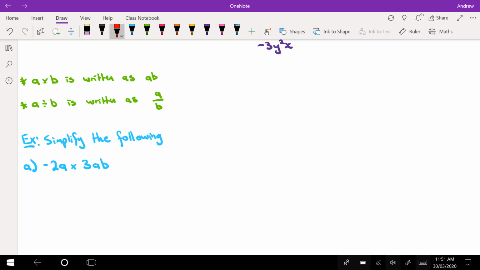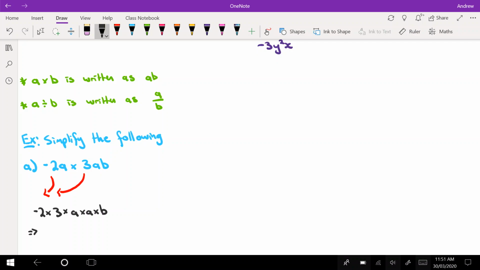Now we want to pull the numbers out the front, okay? It's proper notation to write the numbers out the front, so we're always just going to keep that. So negative 2 times 3, and now we write whatever variables are left over. So we've got times a from this first term, times b from the second term, times a from the second term, times b.